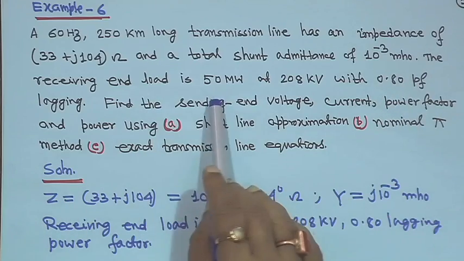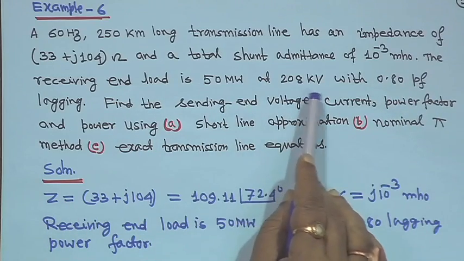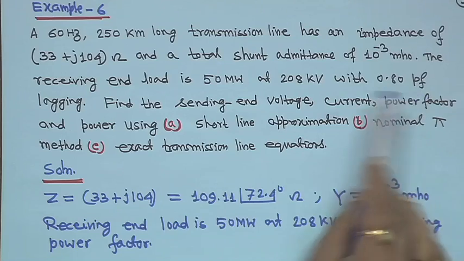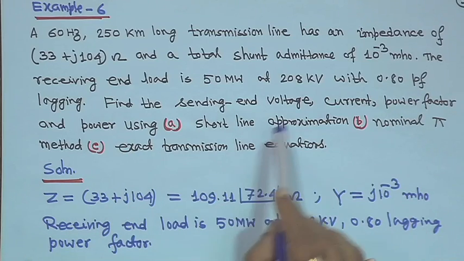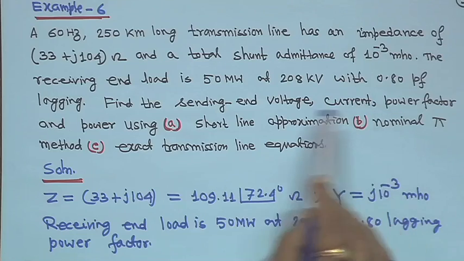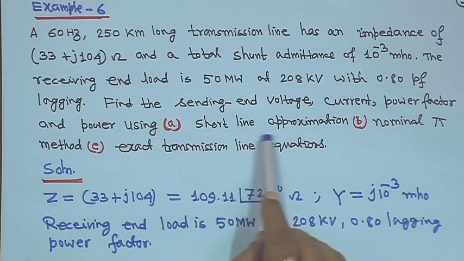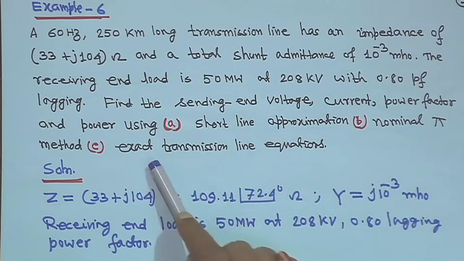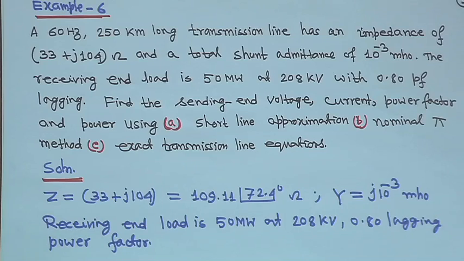The receiving end load is 50 megawatt at 208 kV with a 0.8 power factor lagging. You have to find the sending end voltage, current, power factor and power using short line, nominal pi method and exact transmission line, and then compare. Although the line is 250 kilometer long, you consider the short line assumption, then medium and then long line, right.